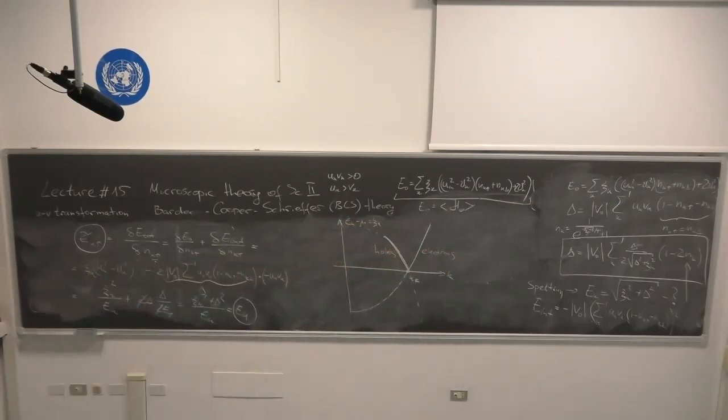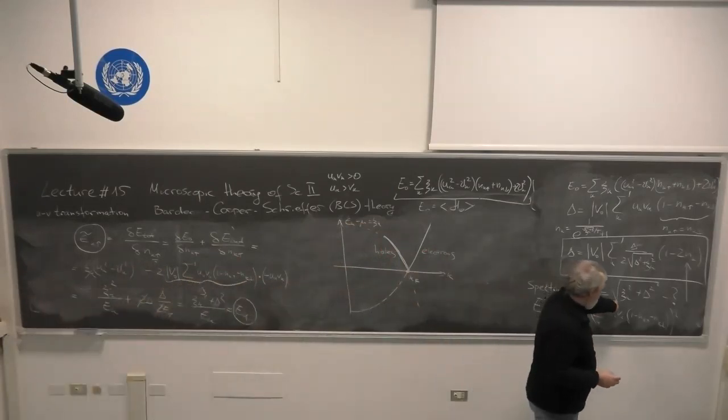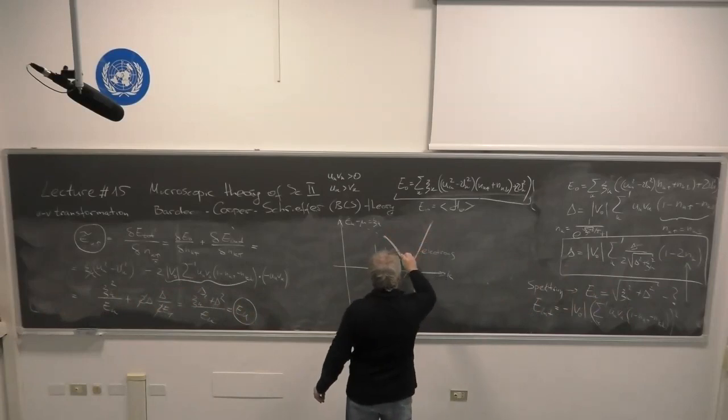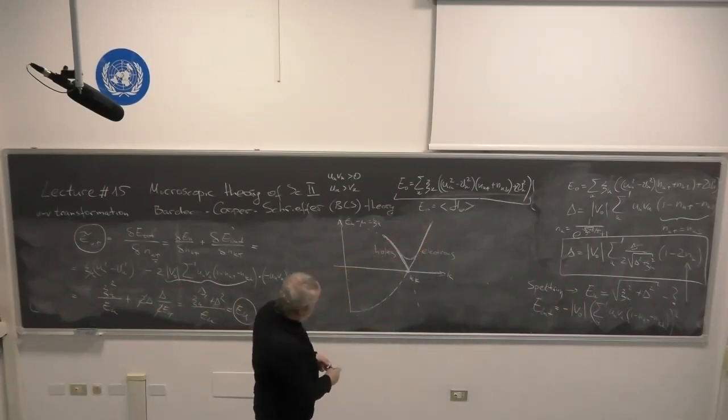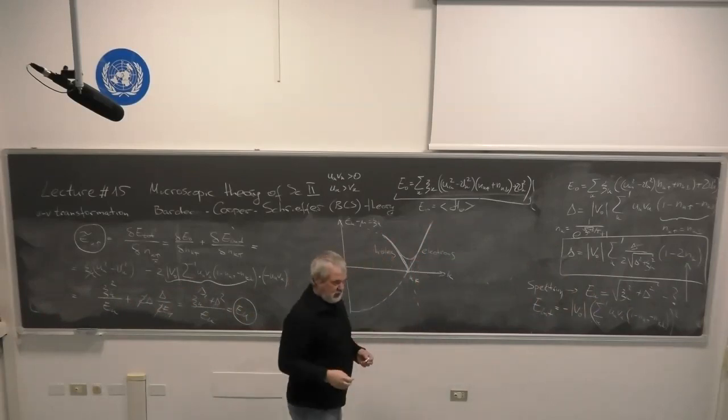Now, my new spectrum is a square root. So it behaves this way, and at k_F, where psi equals 0, I have a delta.